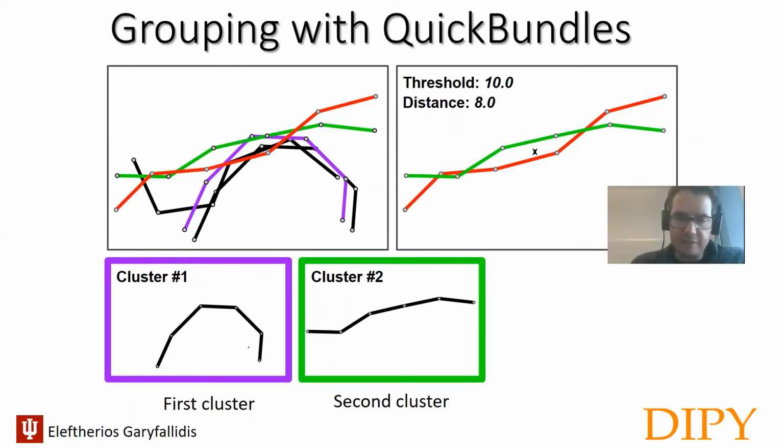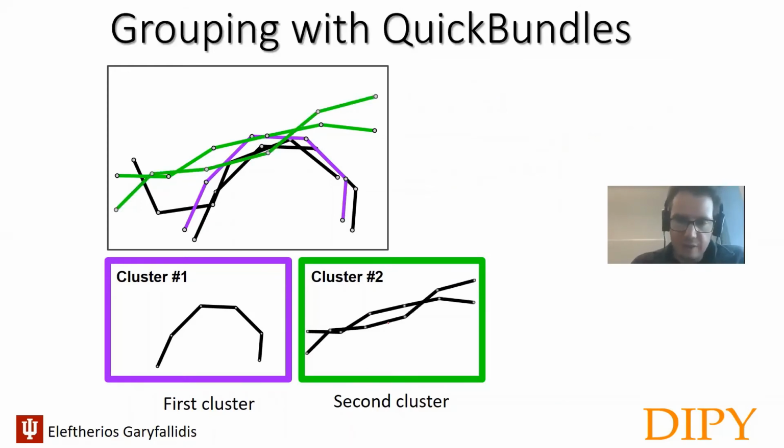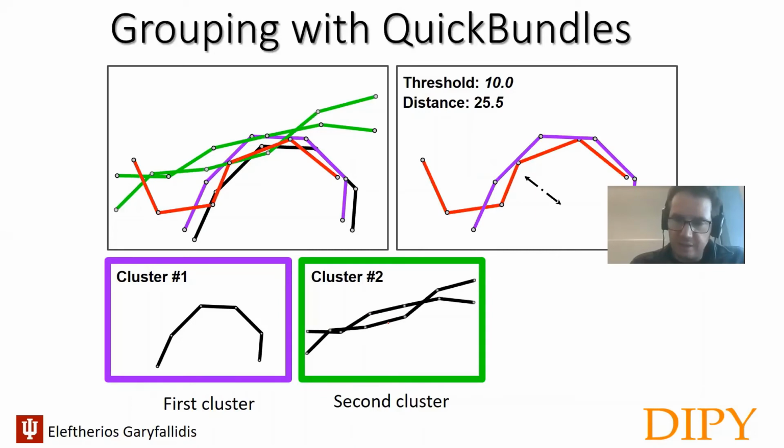The centroid of cluster 2, shown here, looks similar. Good. So this red will go in cluster 2, and then in cluster 2 you will see the centroid will be updated.